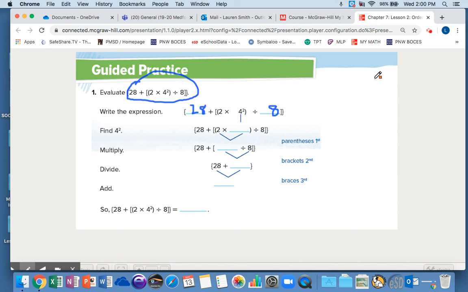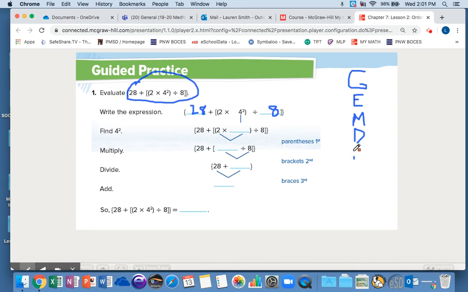All right, so the first thing we're going to do, remember, G, E, M, D, A, S. Remember, groups, exponents, multiplication, division from left to right, and addition and subtraction from left to right. So the first thing we're going to do is, what is 4 to the second power?